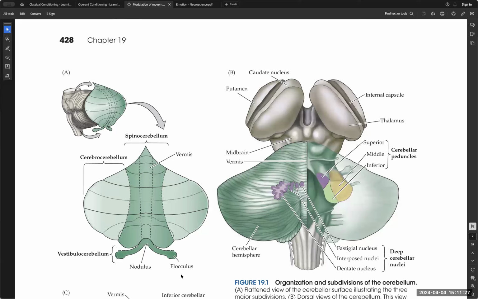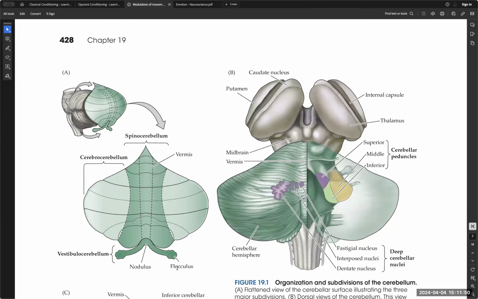The first is what we call the dentate nucleus, or sorry, let's order them from medial to lateral: fastigial, interposed or interpositus, and dentate nucleus. As you can see, fastigial is beneath what we call the vermis, which is the most medial part of the cerebellar cortex, immediately beneath it.